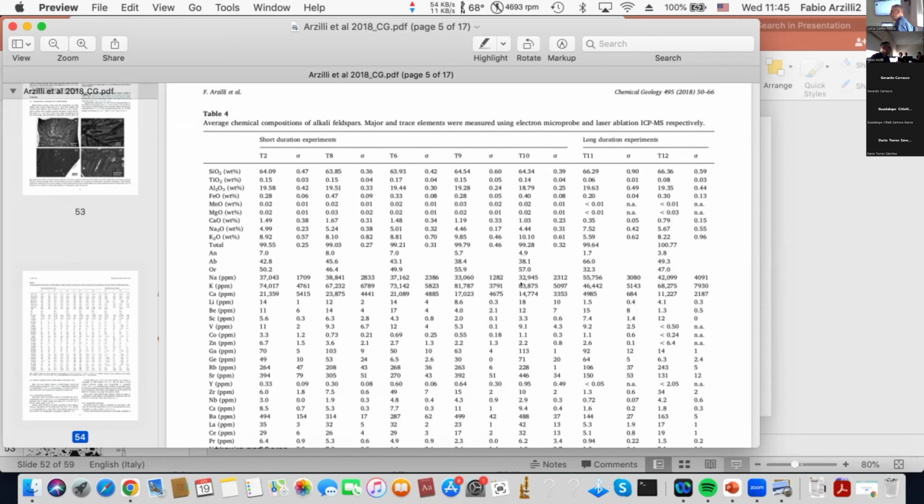So you will have incompatible elements in the defects of the crystal structure. Then if you wait, there will be a re-equilibration. But if you quench at the beginning, you can form something like a barium alkali feldspar, because you will have a lot of barium inside that doesn't want to be there at equilibrium condition, but the growth is so fast that it takes everything, and then it re-equilibrates after.